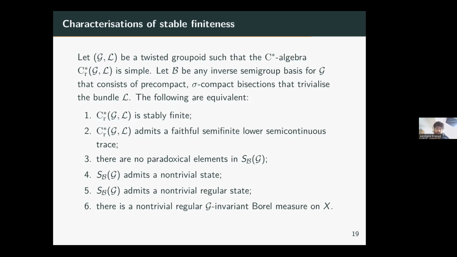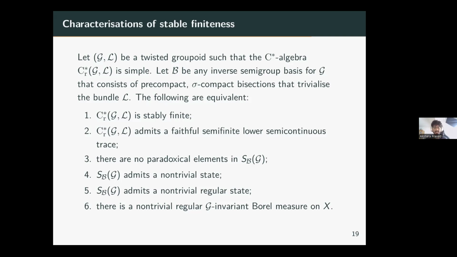So the reduced groupoid C*-algebra is stably finite, which we know means it admits some faithful semi-finite lower semi-continuous trace. And this means that there are no paradoxical elements in the type semigroup, which, if you know the Generalized Tarski theorem, is the same as saying an element is paradoxical if there are no states related to that element, right?